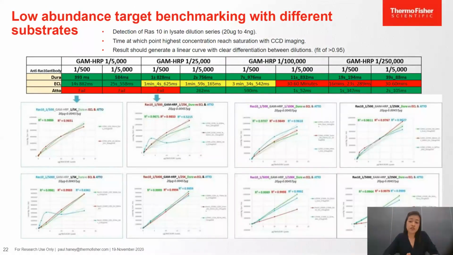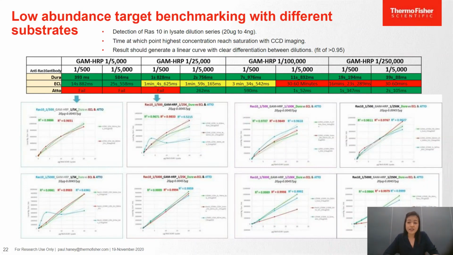Here, we have benchmarked how SuperSignal West Dura, Pierce ECL, and SuperSignal West Atto perform with different primary and secondary antibody concentrations on Ras10, a low abundance protein. The results show that at high antibody concentrations, SuperSignal West Atto is way too sensitive, showing a non-linear curve and signs of burnout.